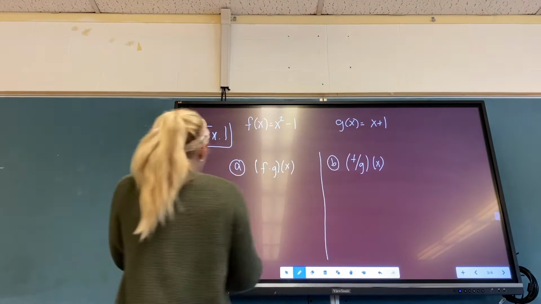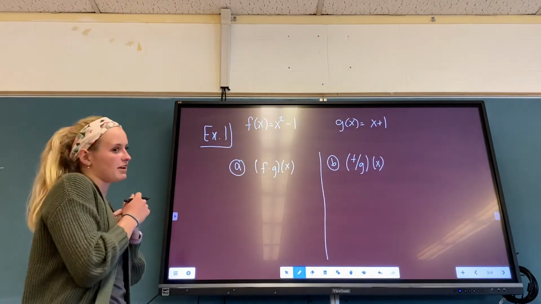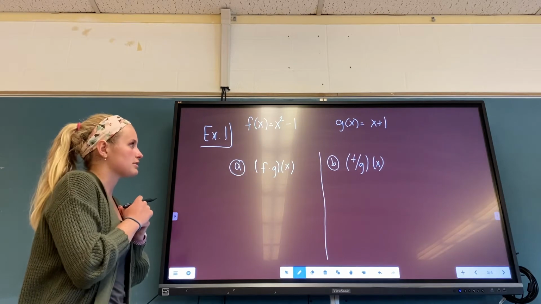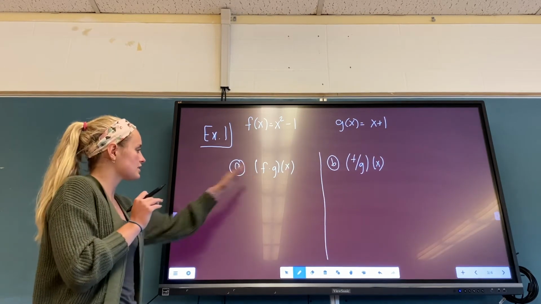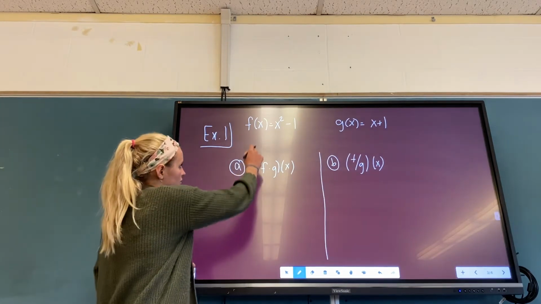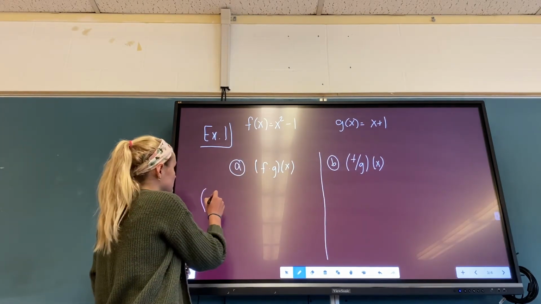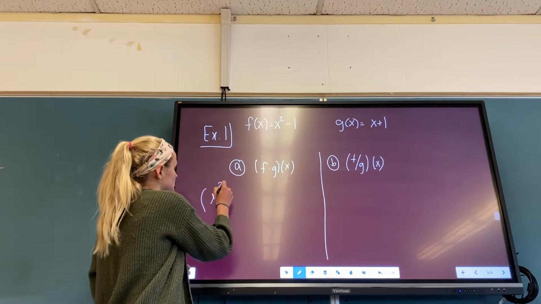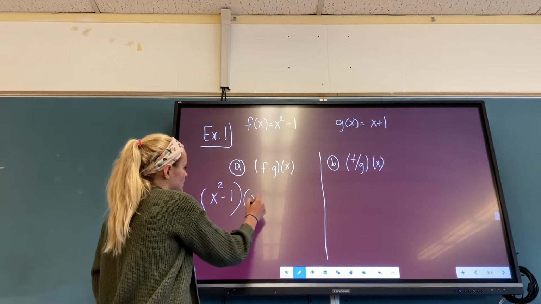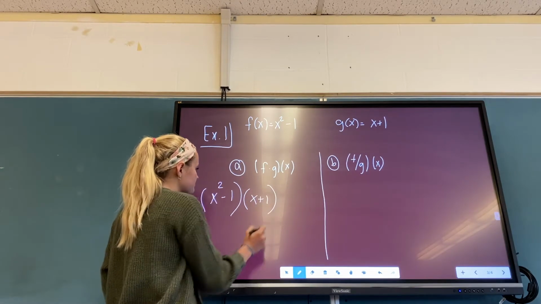Okay, so start with example 1. We have f of x equals x squared minus 1, and g of x equals x plus 1. If we do this f times g of x, then just like before, we're going to copy everything down just as it's written. So x squared minus 1, and g of x is x plus 1.